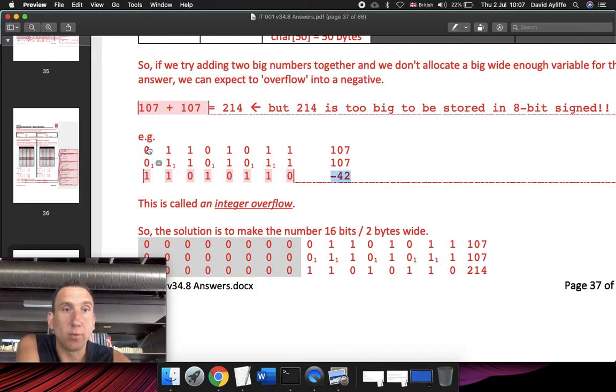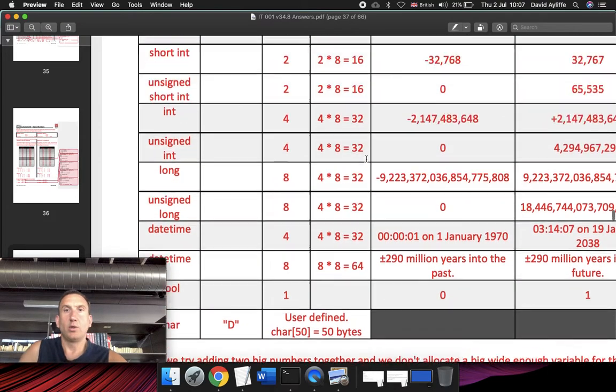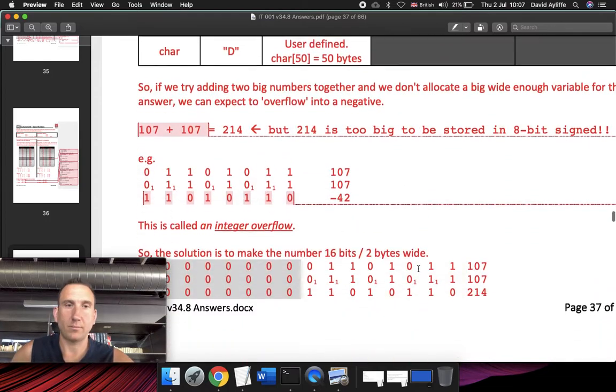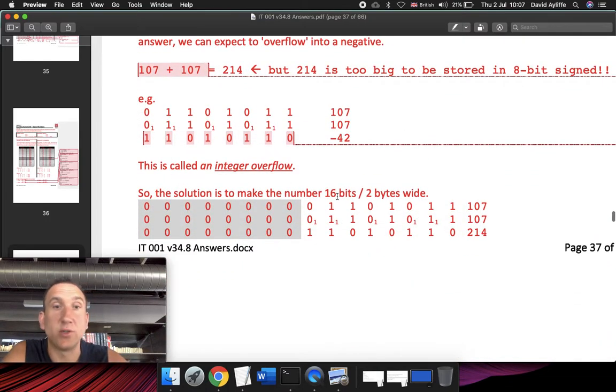Because we need more than 8 bits to store this answer. 107 plus 107 is 214. We need more than 8 bits. So this is called an integer overflow.